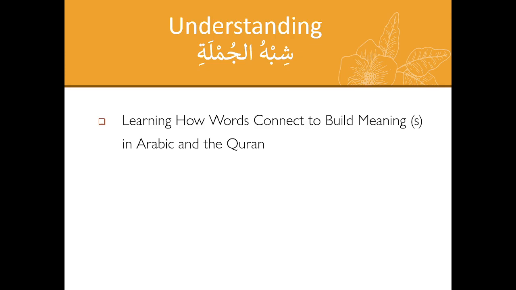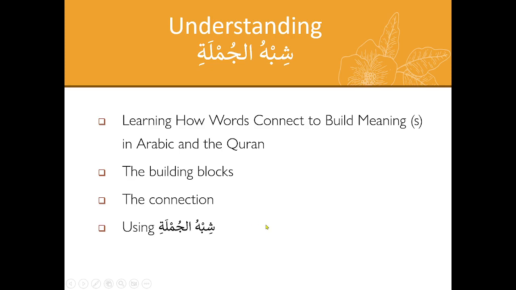That's a very basic Jumlah Ismiyyah. But surely you want to say something more about this teacher. So this is how we learn to build meaning into a sentence, and we need something called the Shibh Jumlah. So we have the building blocks, and we know we need to connect things, and we're going to use the Shibh Jumlah.